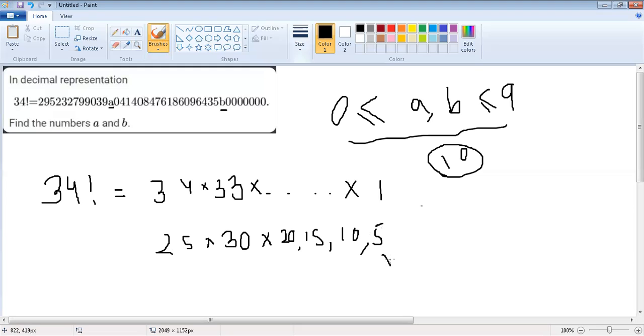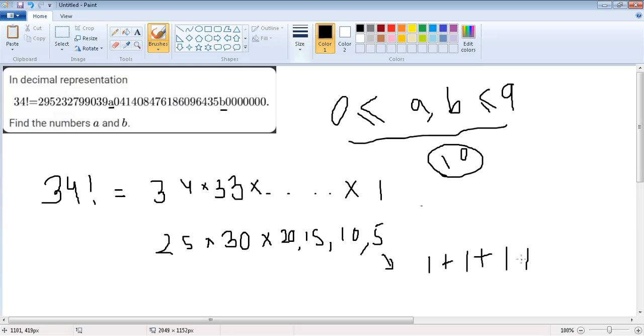So the highest power of 5 is found from 5 once, and from 10 once, I mean 5 into 2. So the power of the prime 5 that divides 34 factorial up to 5 into 10 is 2.